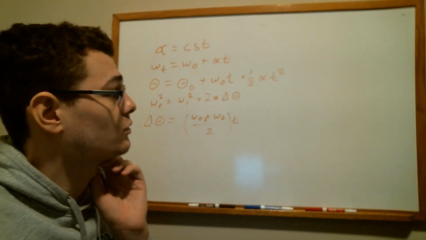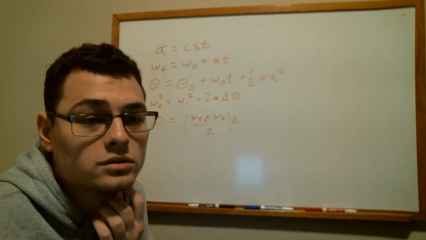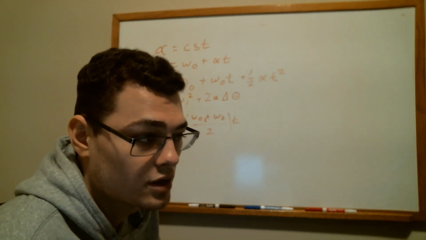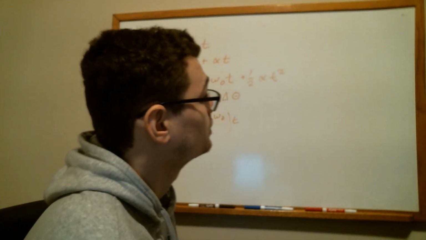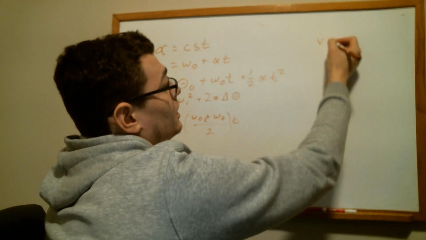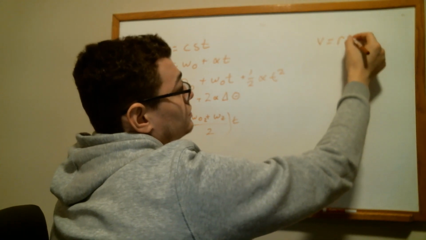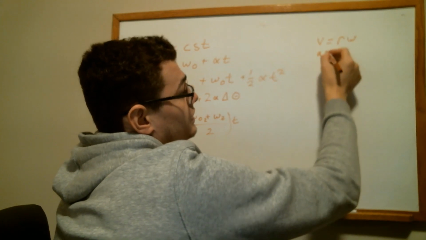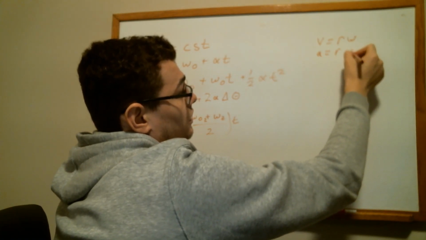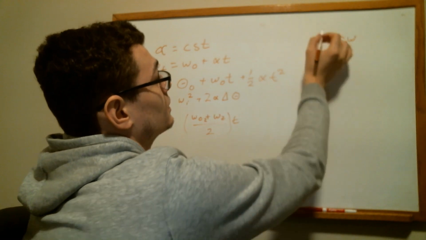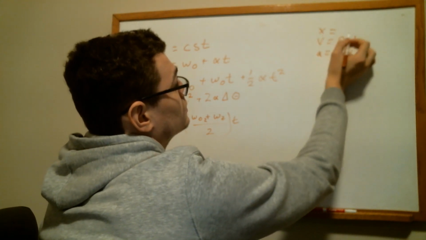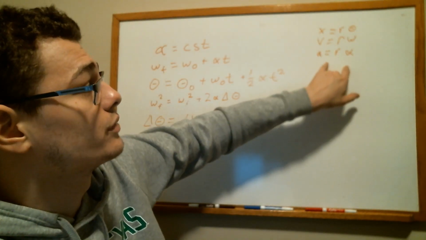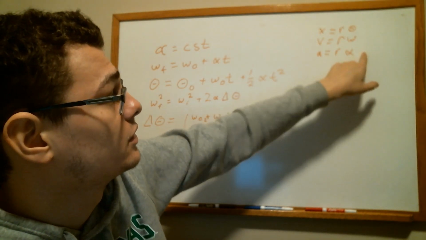Okay, so from before, we also talked about converting linear speeds into ones that are angular. So, like we did before, we've got to remember that v is going to be equal to r omega, and that a is going to be equal to r alpha. And then last but not least, we had that x was equal to r theta. And then we took these 3 equations and rearranged them for the respective angular components.